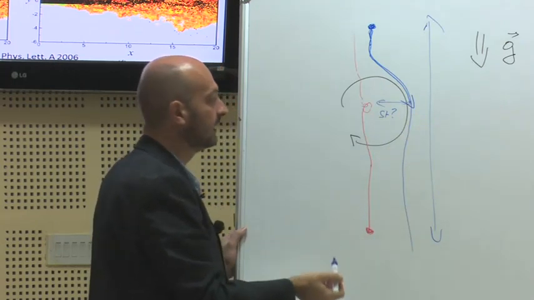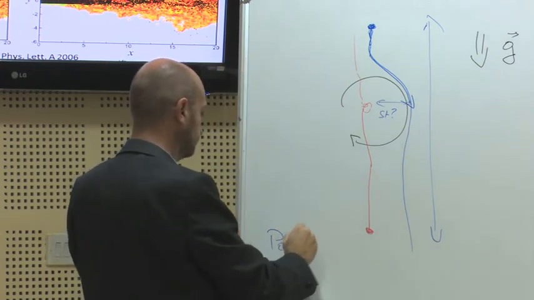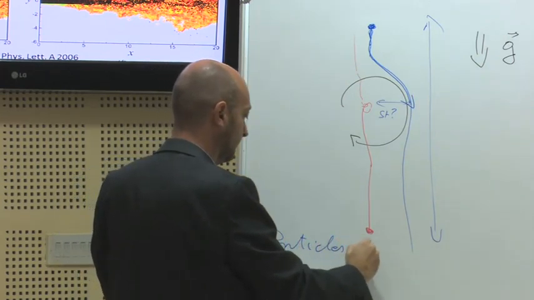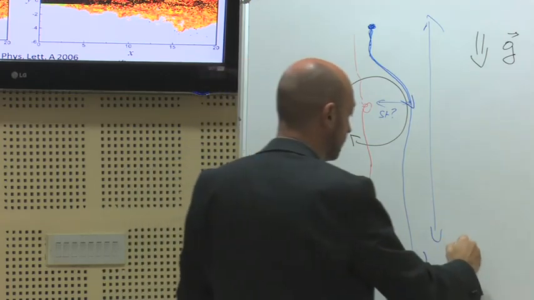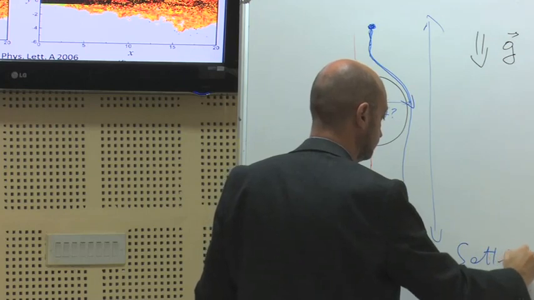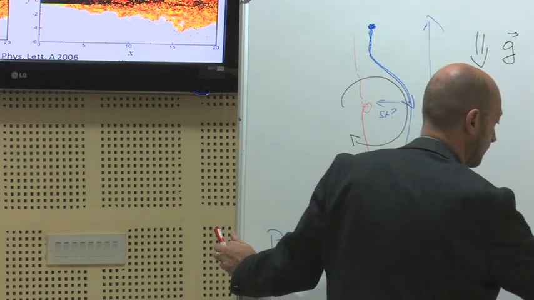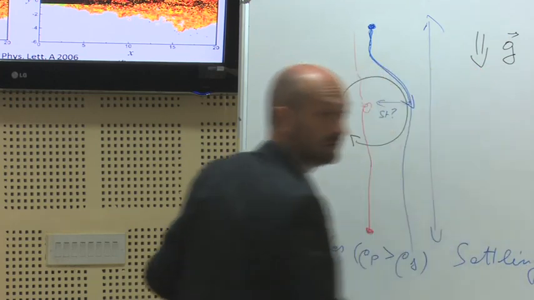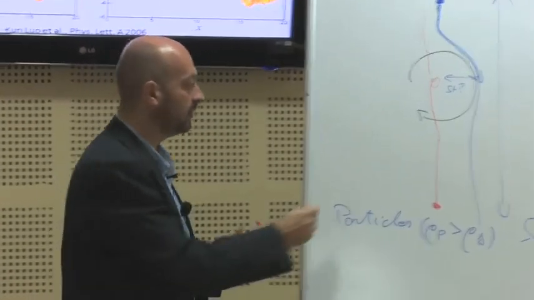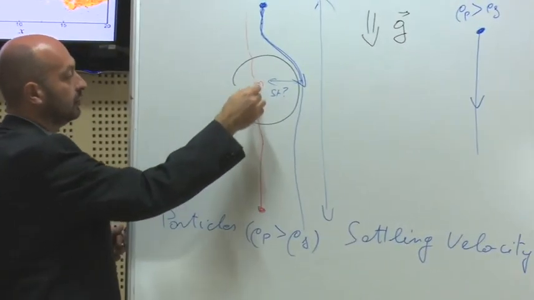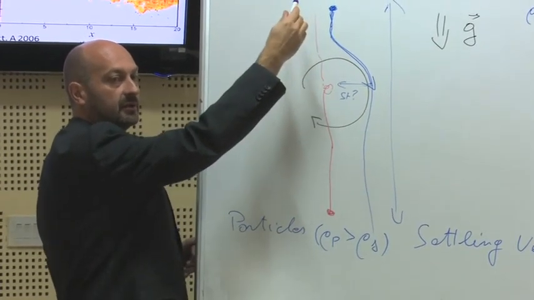Okay, so we expect that for particles in a vortex with rho p larger than rho f, the settling velocity will increase. Okay? And we expect the opposite for the bubbles, because when the bubble is rising, it will lose some time spiraling inside the vortex before it escapes.